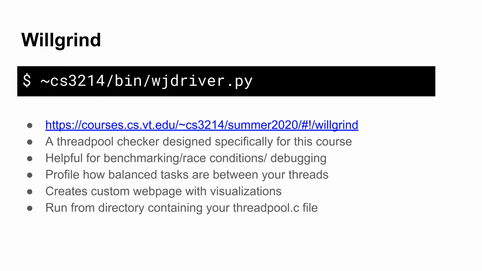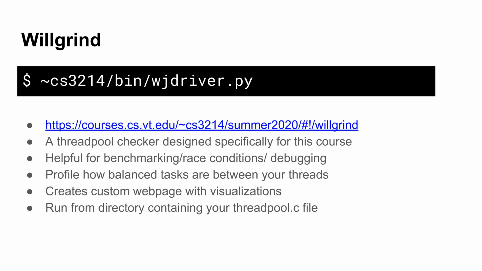So this is something called Wilgrind, and I'm just going to briefly go over it because I think Wilgrind is broken this semester. Last semester we had a tool called Wilgrind, and we might try to repair it this semester if we can containerize it. Basically, this is another thread sanitizing tool, and if we can get it back up and running, you all will be able to use it to sanitize your threads further.